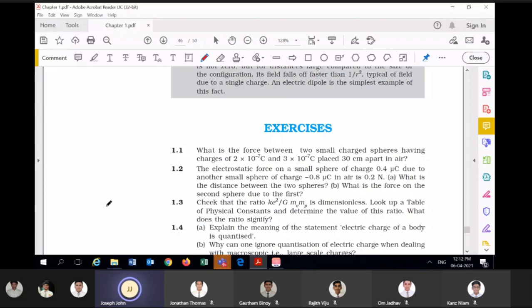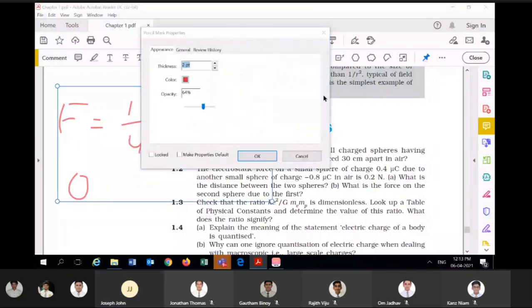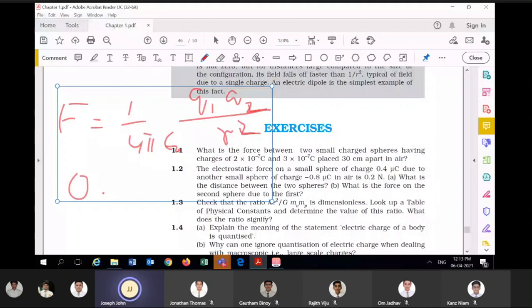Please write the formula according to Mr. Ohm. F is equal to that formula only again: 1 by 4 pi epsilon 0 Q1 Q2 by R squared. Please write the formula again, all of you. F, you can write it as 0.2. 0.2 equals 9 into 10 raised to 9 into Q1 Q2.